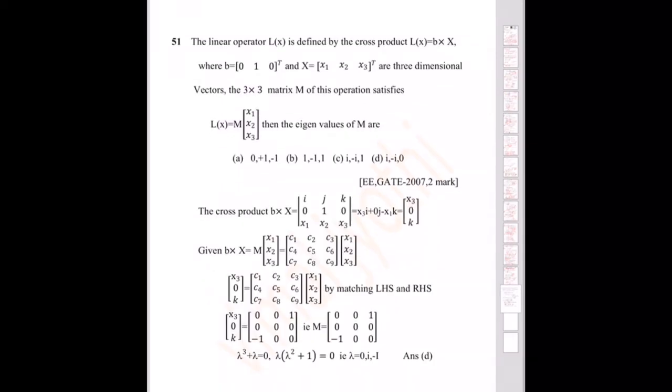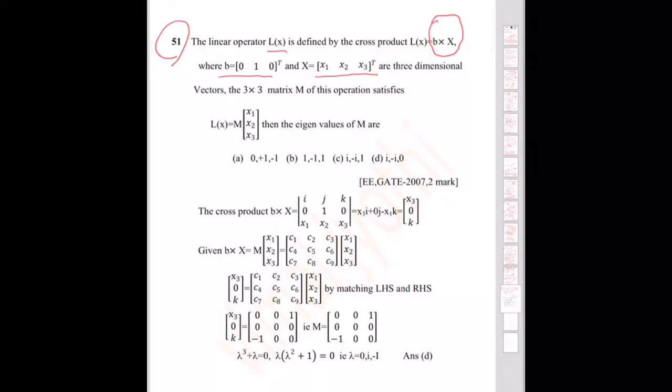Then problem number 51. The linear operator Lx is defined by Lx is the cross product of B and X, where B is equal to this column matrix and X is equal to this other column matrix.